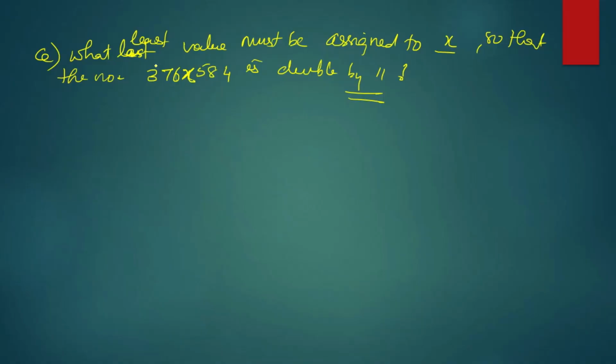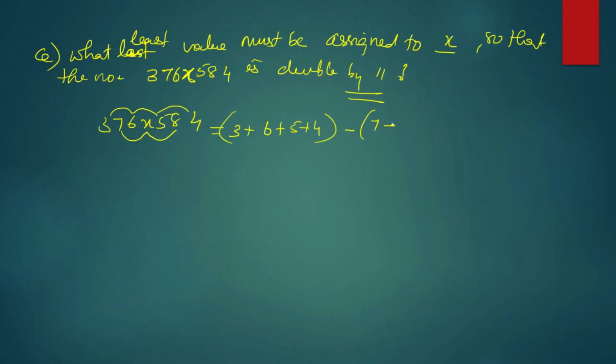So you have to add the alternate digits, then subtract the sums. Okay, 376x48584. Okay, 3 plus 6 plus 5 plus 4, minus 7 plus x plus 8.